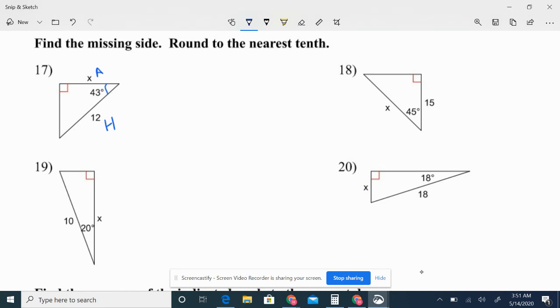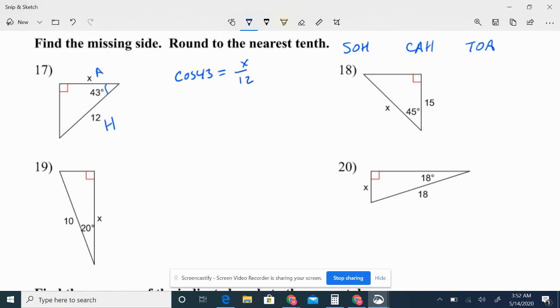And I remember that sine is opposite over hypotenuse. Cosine is adjacent over hypotenuse. And tangent is opposite over adjacent. I see I have an A and an H, so that means I'm dealing with cosine. I'm going to write that cosine of 43 degrees is equal to, cosine is adjacent over hypotenuse, so I'm going to go x over 12.